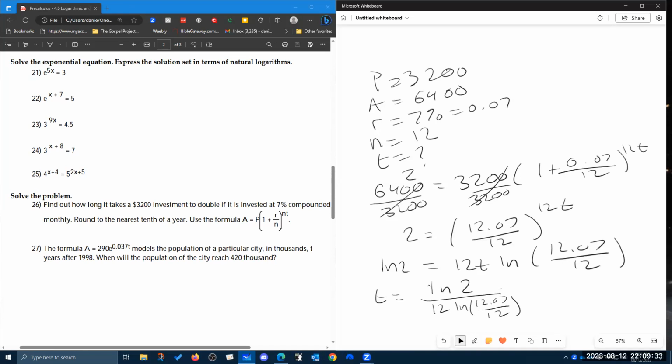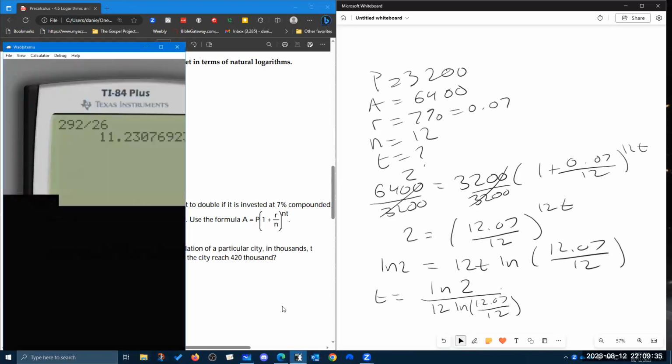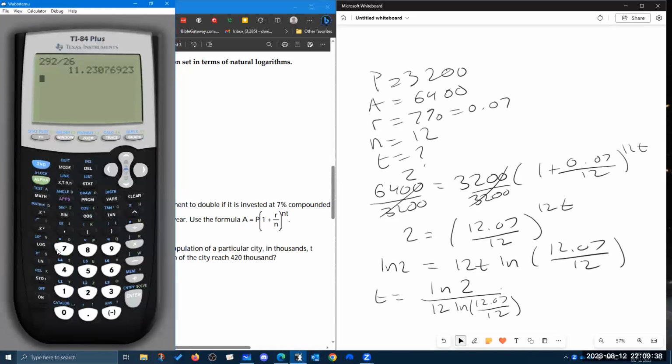We're going to have to use our calculator because it says to round to the nearest tenth of a year. So we need ln of 2 divided by, parentheses for the denominator, 12 ln of 1 plus 0.07 divided by 12, close the log, close the denominator, and we get 9.9 years. So we're going to have to wait 10 years.